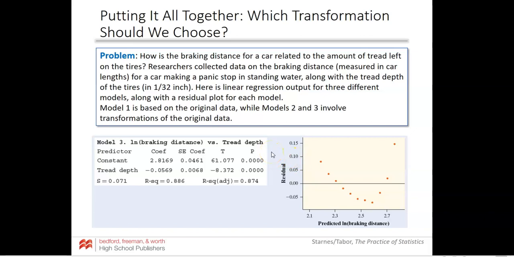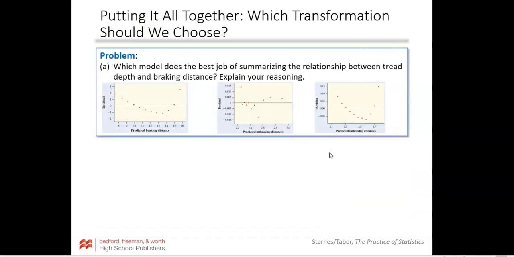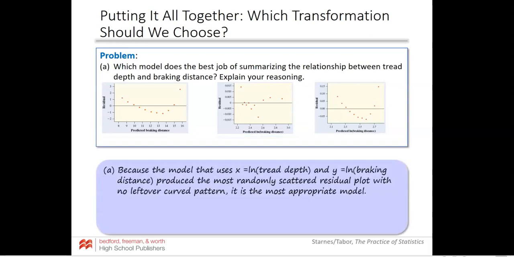Because again, if it's exponential, taking the log of y should give a linear pattern. And here the residual plot says this is not linear, so this is not exponential in nature. And again, the reasoning is, you look at the residual plot for taking the log of both sides, it's got to be a power model there.